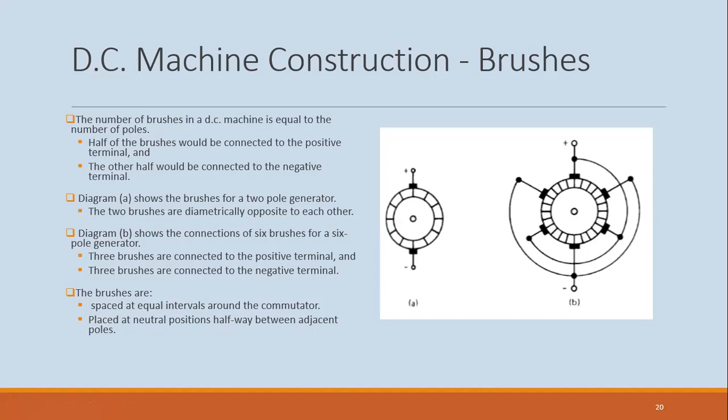It would normally be placed in a neutral position halfway between them. So the commutator segment that is passing under that brush at that position would have no induced EMF, but other conductors in the machine would have induced EMF in them.